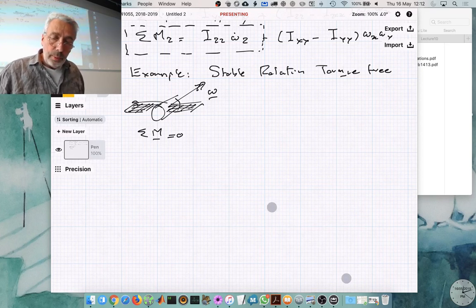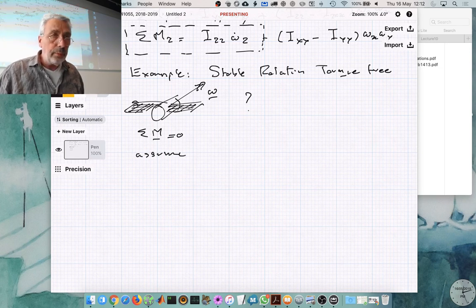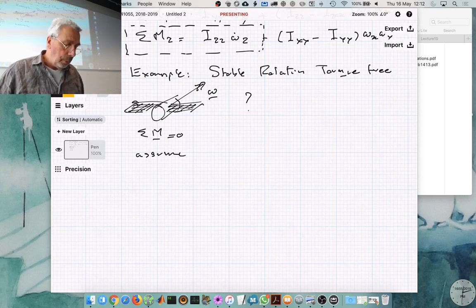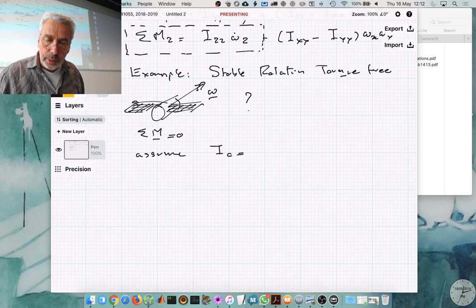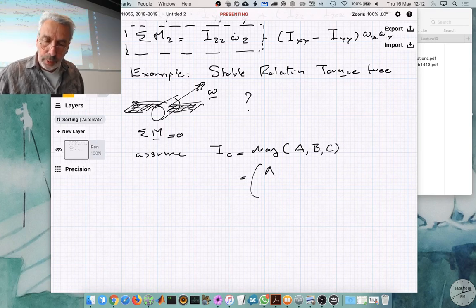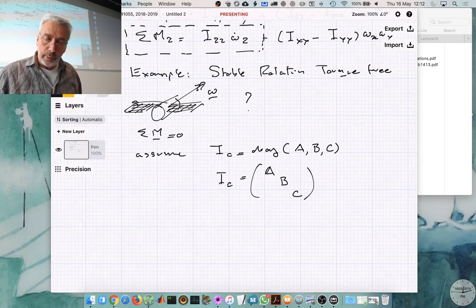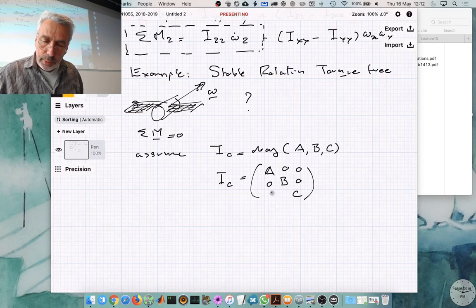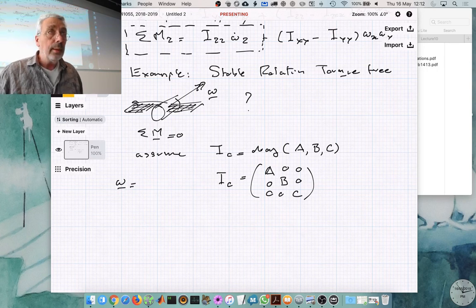How do we solve that? Well, let's assume we have these very simple principal axes. So we say that the inertia tensor is just a diagonal with three different values like A, B, and C. Meaning it looks something like this: A, B, and C. And since I haven't given it any name, what A, B, and C are, I can also assume that initially the omega is, well, what shall we do?